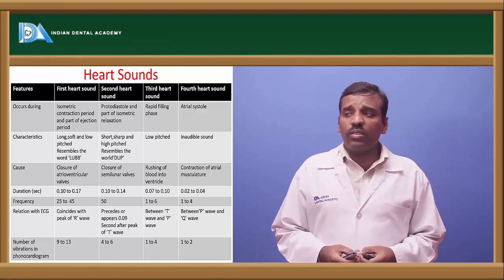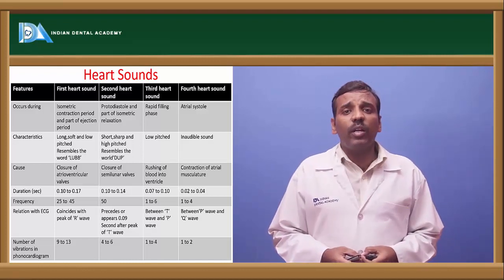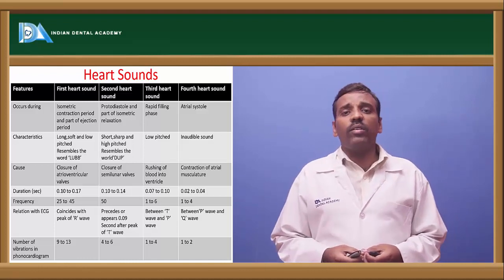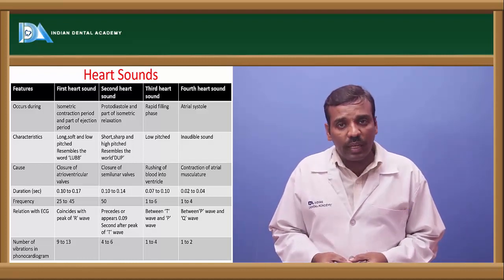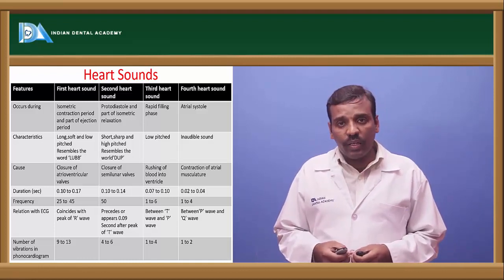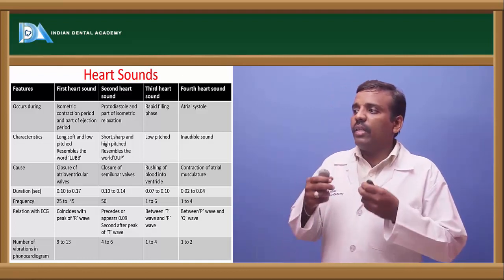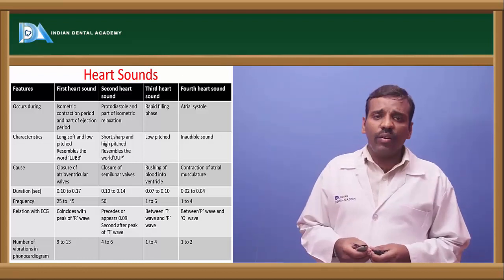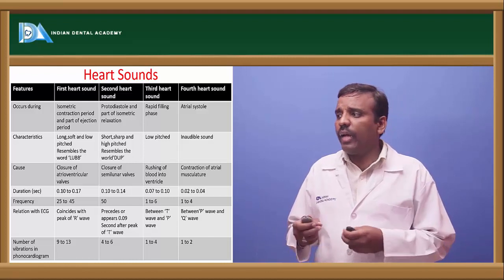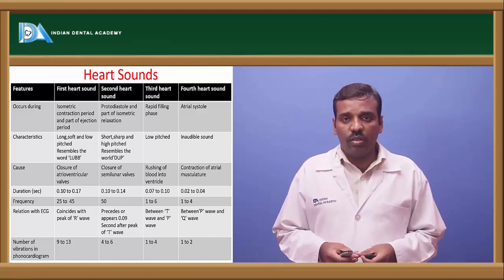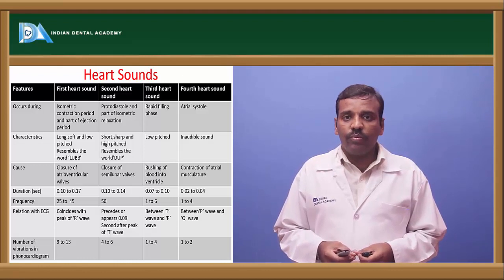The cause of this is closure of the semilunar valves, and the duration is about 0.10 to 0.14 seconds, and the frequency is about 50. The relation with the ECG is the T wave, and the number of vibrations is about 4 to 6 in the phonogram. That is about the second heart sound.